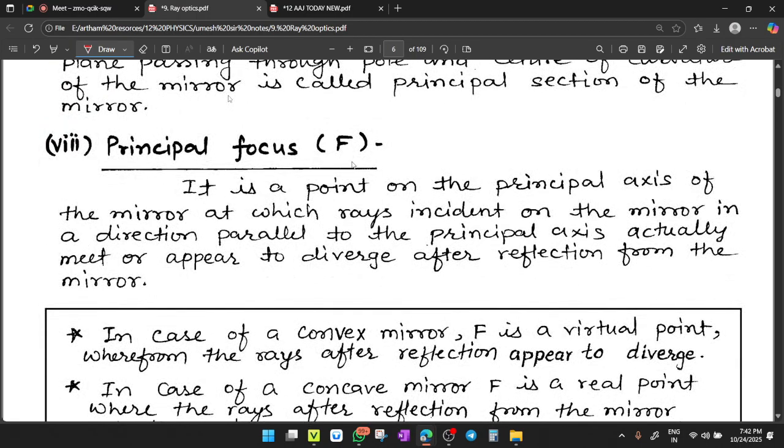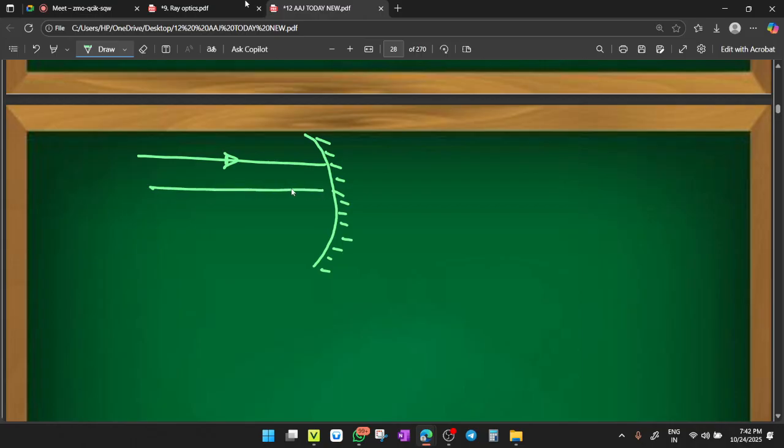Next, principal focus. Now it is important. What is principal focus? Very important. We have this as a part of a mirror.